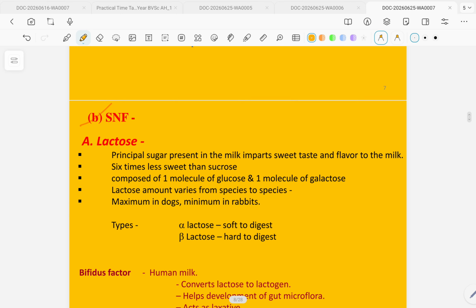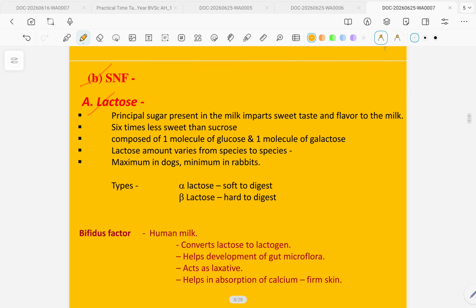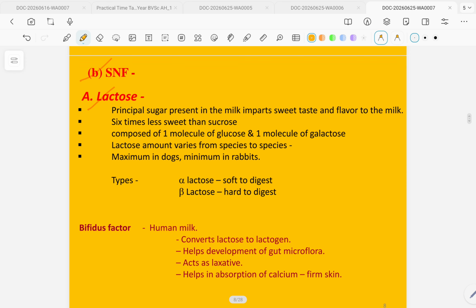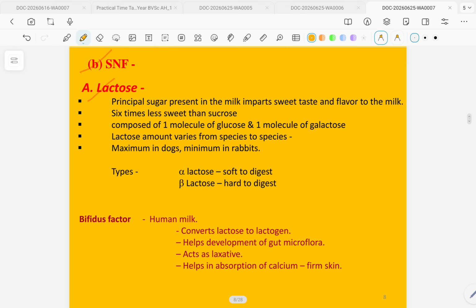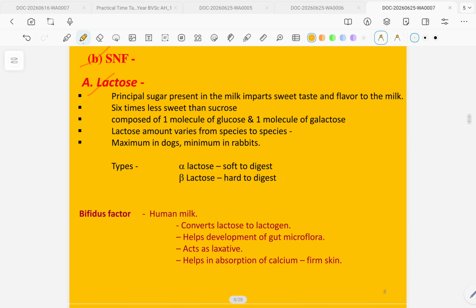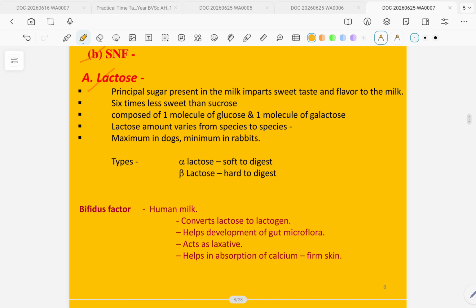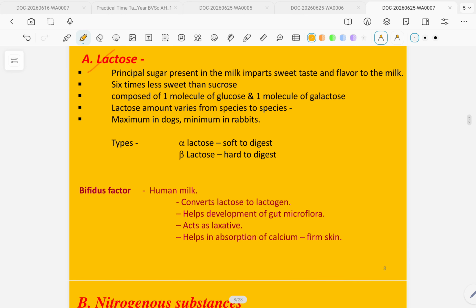SNF: lactose. The principal sugar present in milk, it imparts sweet taste and flavor, and is 6 times less sweet than sucrose. It is composed of one molecule of glucose and one molecule of galactose. Lactose amount varies from species to species, maximum in dog, minimum in rabbit.